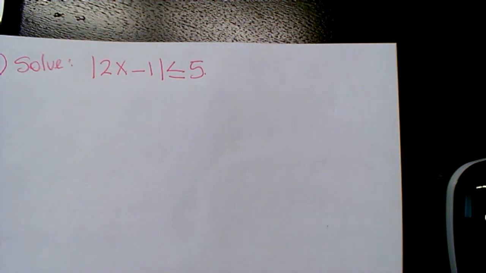So remember that we need to isolate the absolute value first. Then just like absolute value equations, absolute value inequalities are going to split into two different inequalities. And I'm going to write that down for you guys.